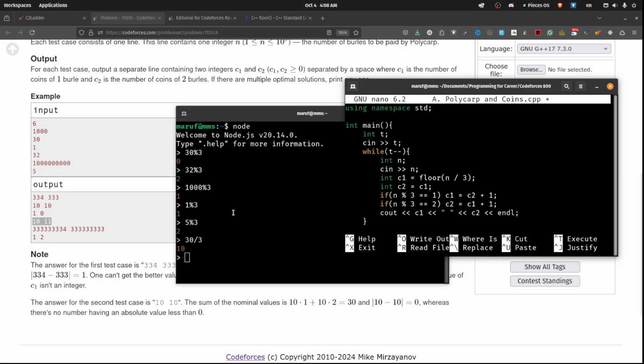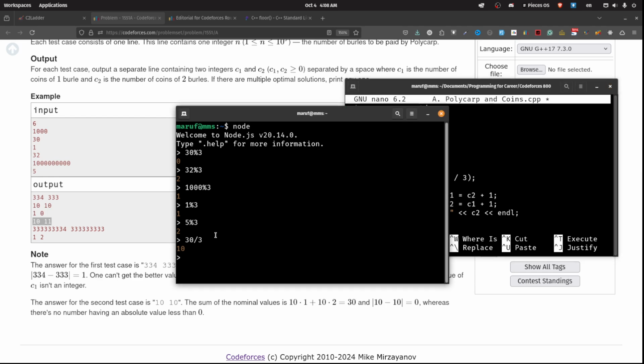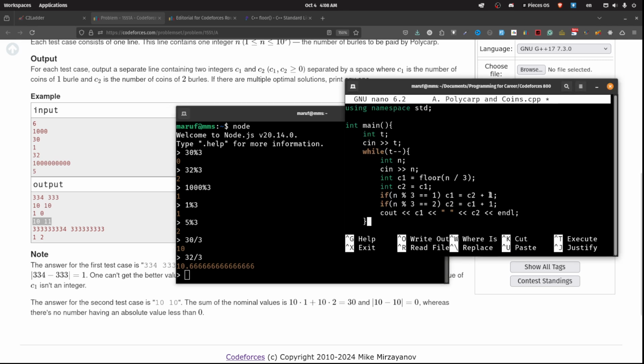If I divide 32 by 3, I get 10. 10 is the value of c1. I think I don't need this floor, or I need this floor here. I don't know actually.